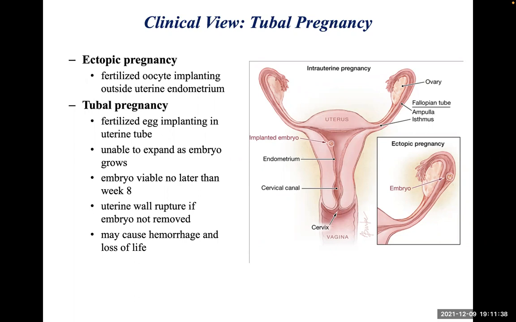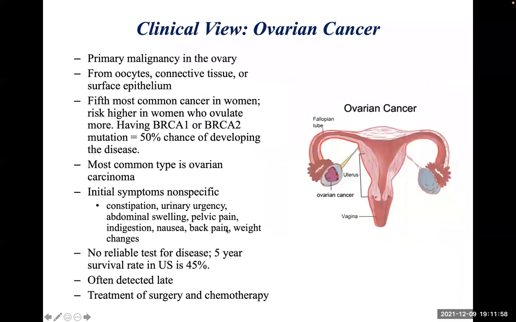And so in these situations, the blastocyst and the developing structure has to be removed, because especially if it's in the fallopian tube, like what you're seeing here, at a certain point in growth, the uterine tube will explode because it's not meant to accommodate a developing structure.